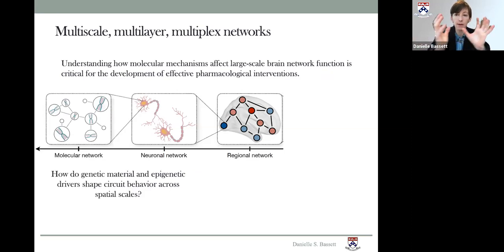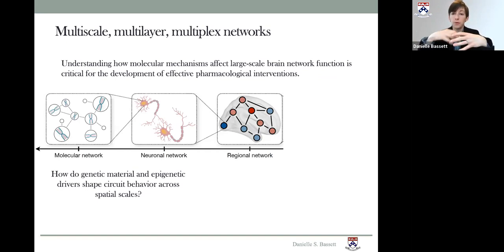We can also go even farther down in spatial scale to the molecular level of organization in the brain. We can understand how molecular mechanisms affect large-scale brain structure, and that's very critical for our development of effective pharmacological interventions.